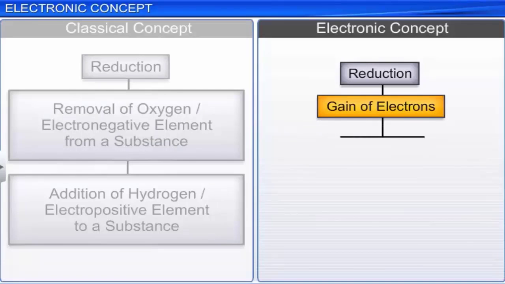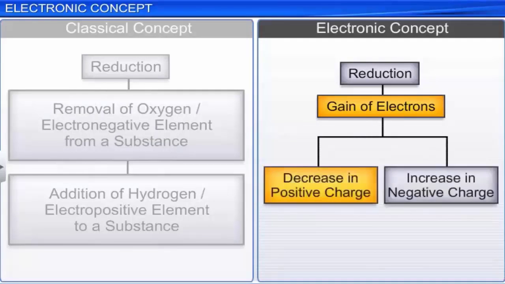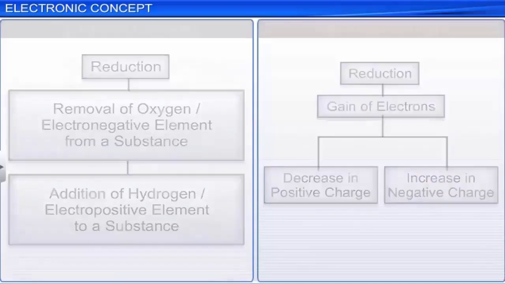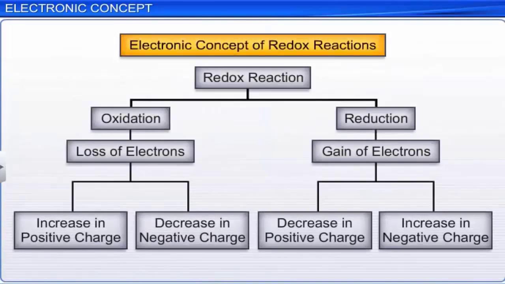The gain of electrons results in the decrease of positive charge or increase of negative charge of the species as we proceed from reactants to the products in a chemical reaction. Thus, according to electronic concept, a reaction in which loss of electrons, that is, oxidation and gain of electrons, that is, reduction, takes place simultaneously, is called redox reaction.